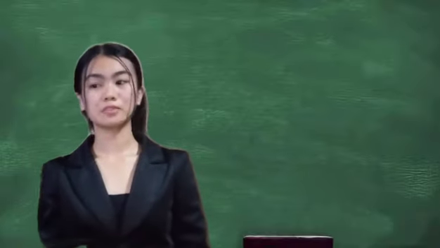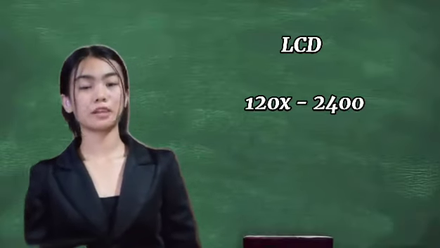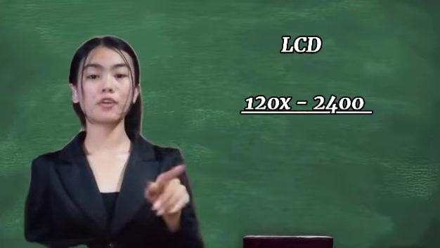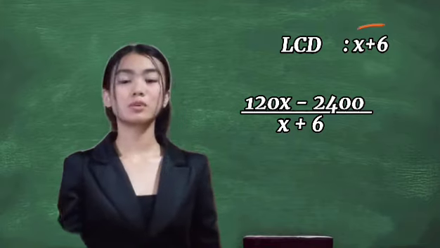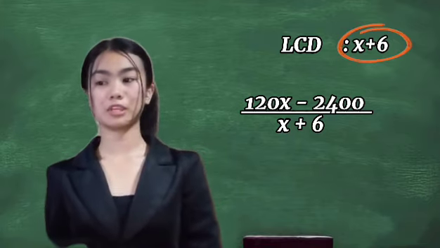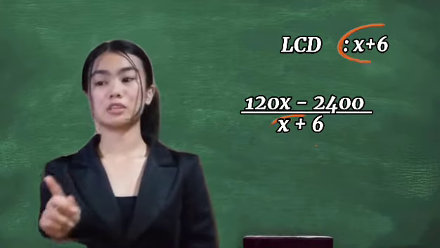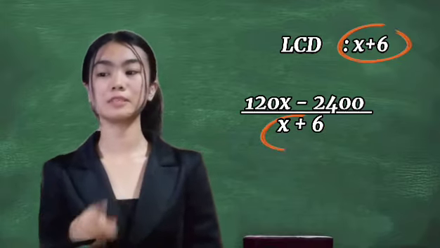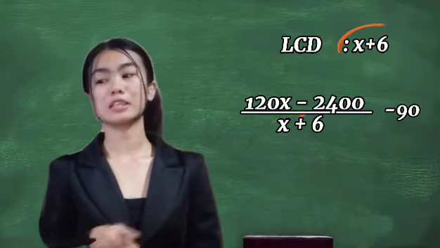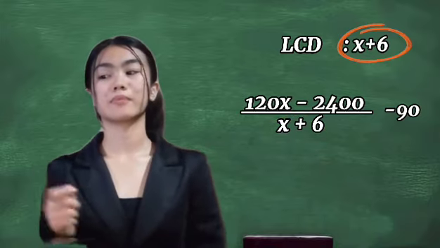Secondly, let us find the LCD of the two terms. The LCD of (120x minus 2,400) over (x plus 6) and 90 is x plus 6. Next, we divide the LCD by the denominator of each term and multiply the result by its numerator.